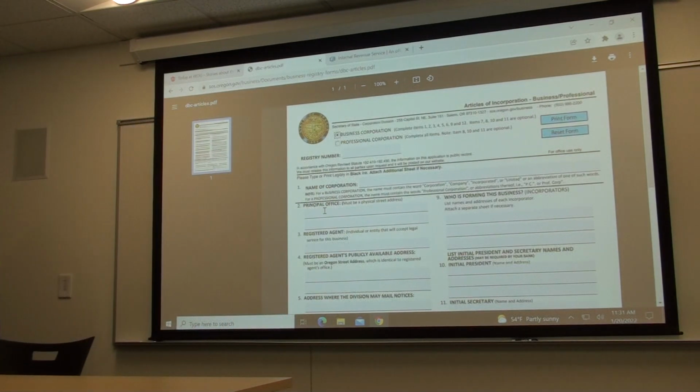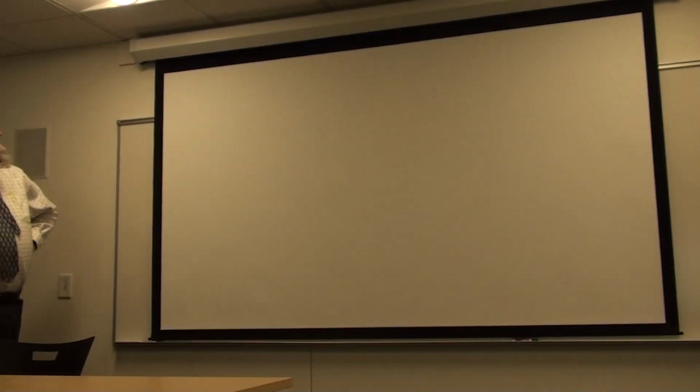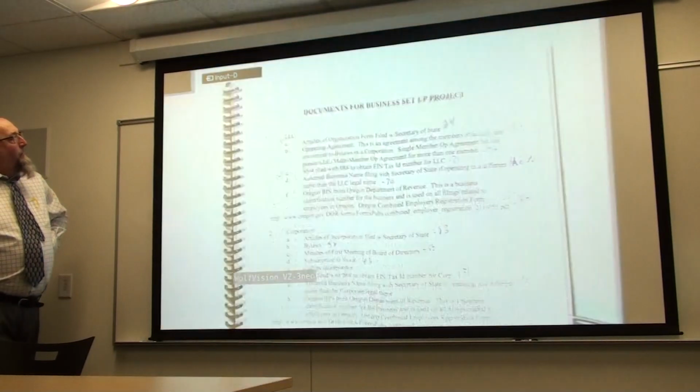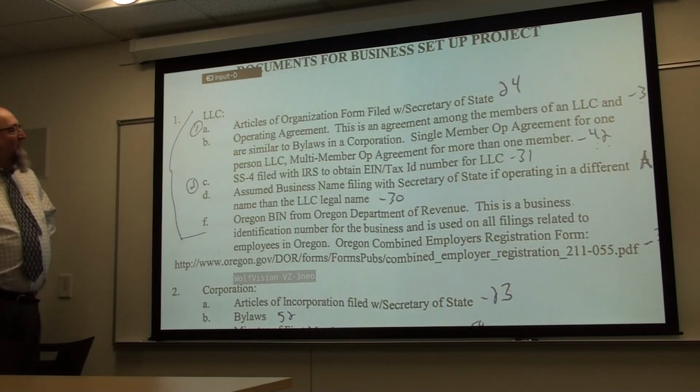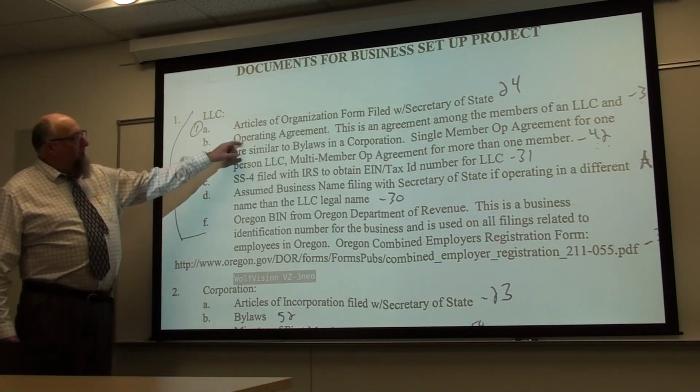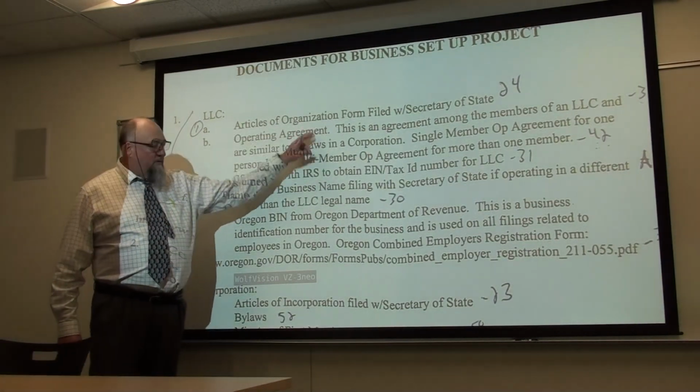All right, so let's go back to page 4 of my book real fast. First form for an LLC, Articles of Organization.